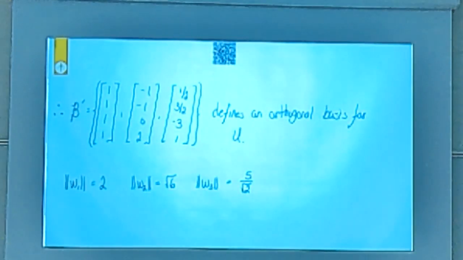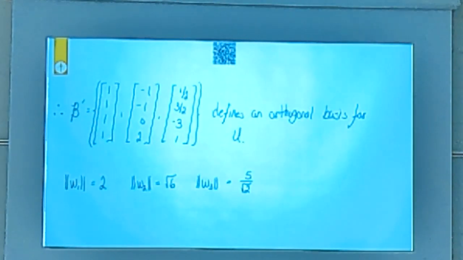Now remember, to normalize a vector, you take the vector and multiply it by 1 over its norm. We take the first vector, multiply it by a half. Take the second vector, multiply it by 1 over root 6.